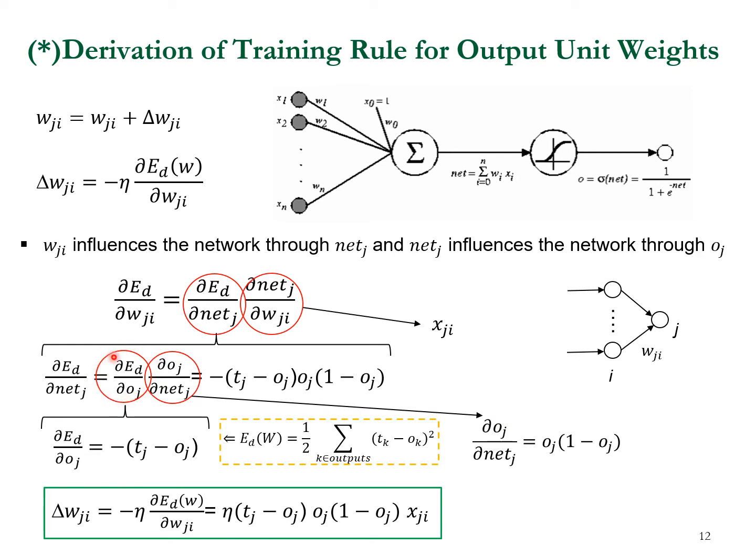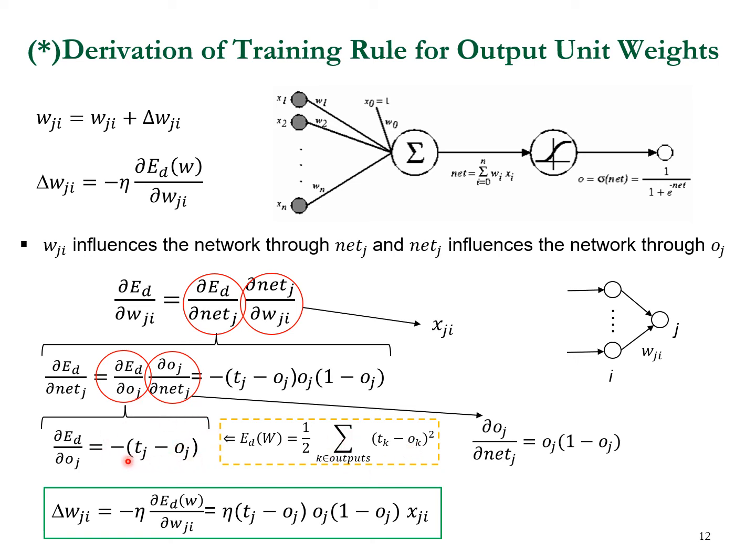This one here is the derivative of error with respect to output, right? This is the definition of error. Then you differentiate with respect to O, which becomes this.